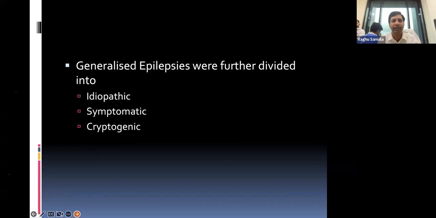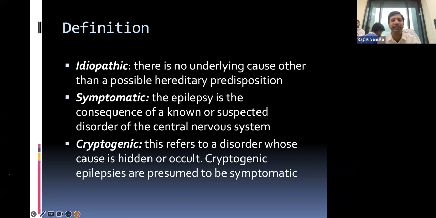Idiopathic means there is no underlying cause other than a possible hereditary predisposition. Symptomatic means epilepsy is a consequence of a known or suspected disorder of the CNS. Cryptogenic refers to a disorder whose cause is hidden or occult.